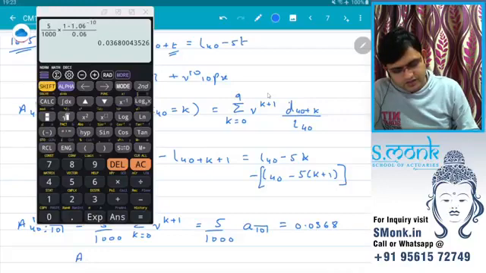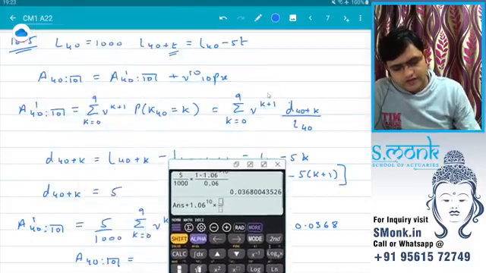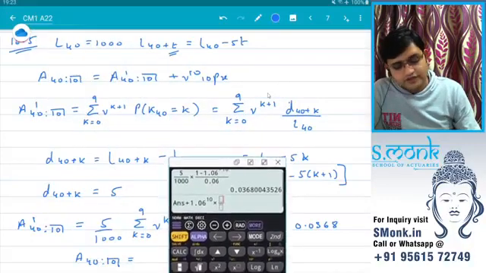So the A 40:10 endowment value plus 1.06 raised to 10 into, we will have L40 L50 by L40.